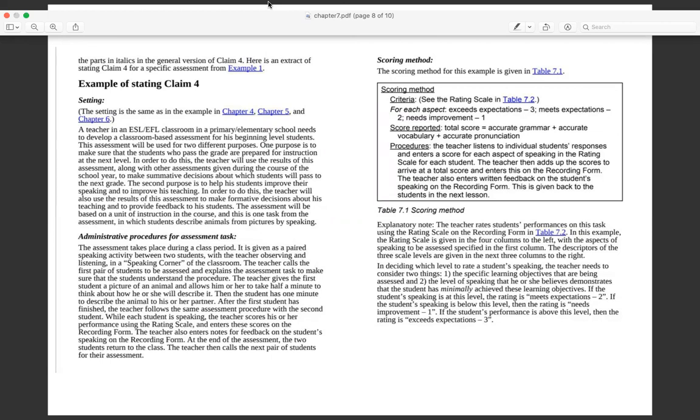Right. Okay. The next part that you read here is all the explanation of the administrative procedures for assessment tasks. So in other words, if somebody asks you what your assessment consists of, then this is what you respond.